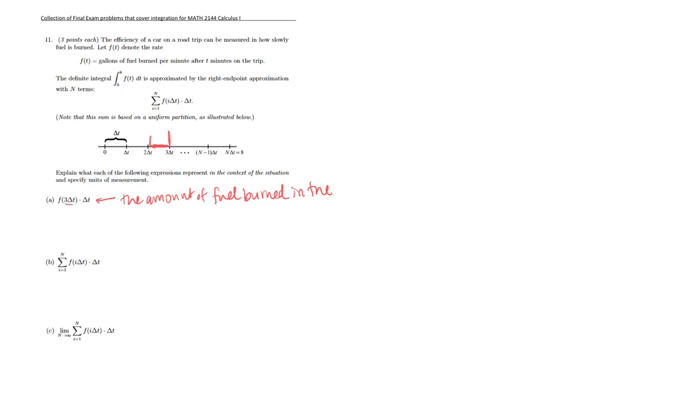So that's the amount of fuel burned in this third time interval. I guess we don't know what our delta t is, so the third time interval, whatever that is.